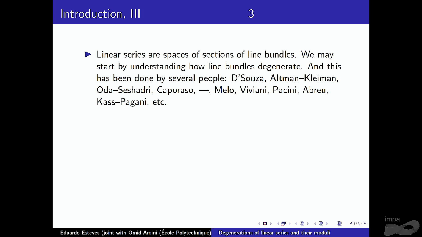It started with the Indian mathematician de Souza, who constructed it for irreducible curves. There is Altman and Kleiman for families of curves, Oda and Seshadri for reducible curves, Caporaso for the construction of a compactification of the Picard scheme over the moduli of stable curves. And a lot of people have worked on these. I put some younger names there: Melo, Viviani, Pacini, Abreu, Cassim, Pagani, and so forth.